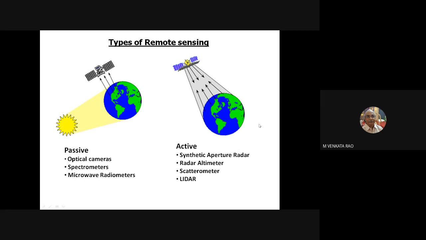In case of active remote sensing, the satellite itself carries the source of energy. For example, a radar, synthetic aperture radar, transmits microwave energy in pulses, and the scattered radiation will go back to the satellite, part of it, because it will get scattered in all directions.